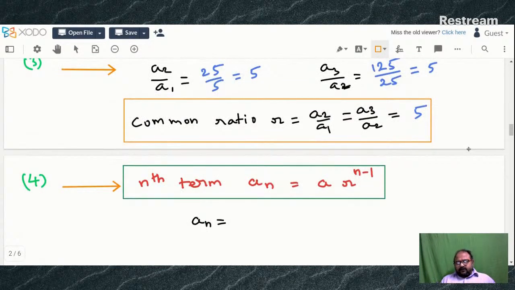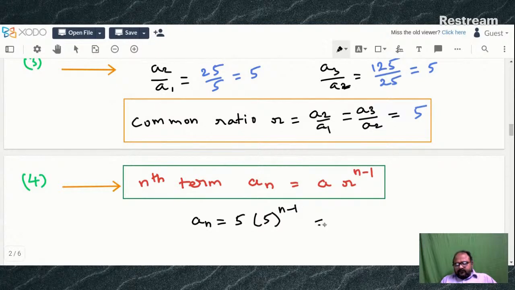Now you have found the common ratio 5. It is 5 and the first term is 5. Substitute these values now. This is 5 multiplied by 5 to the power of n minus 1.